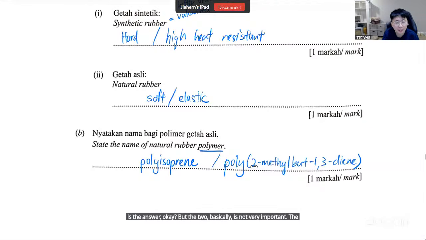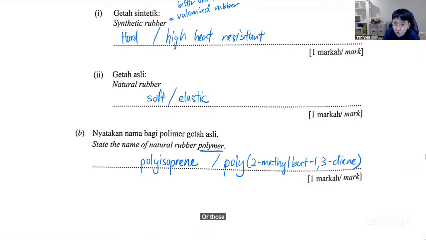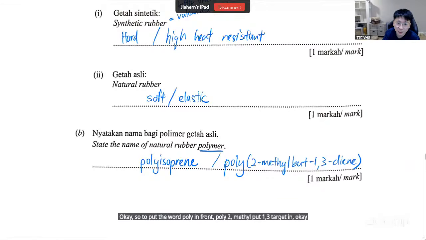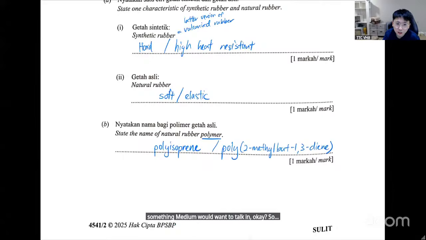The 2 is there, but it doesn't really matter. So this one also can, for those who want to show off. So put the word poly in front: poly-2-methylbuta-1,3-diene. All good, no issue. The very long name, thank you.